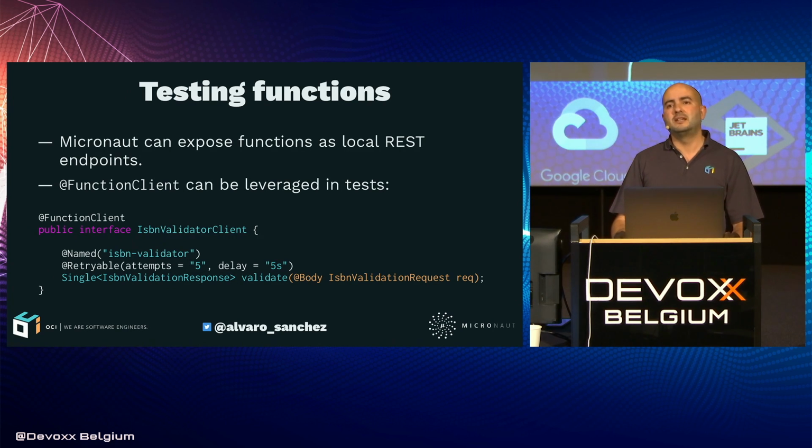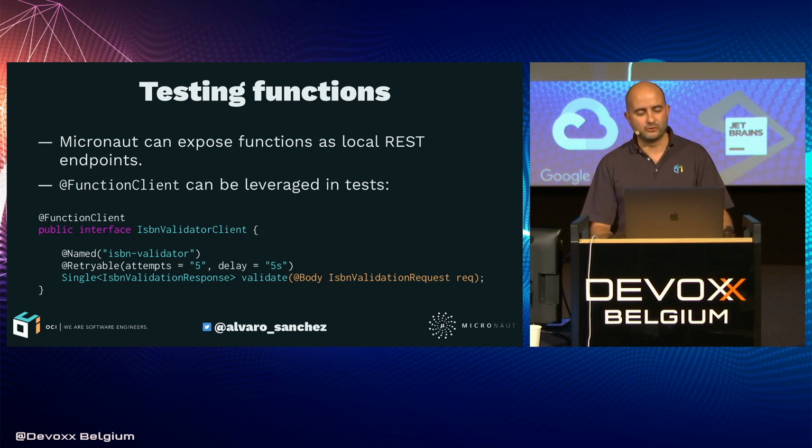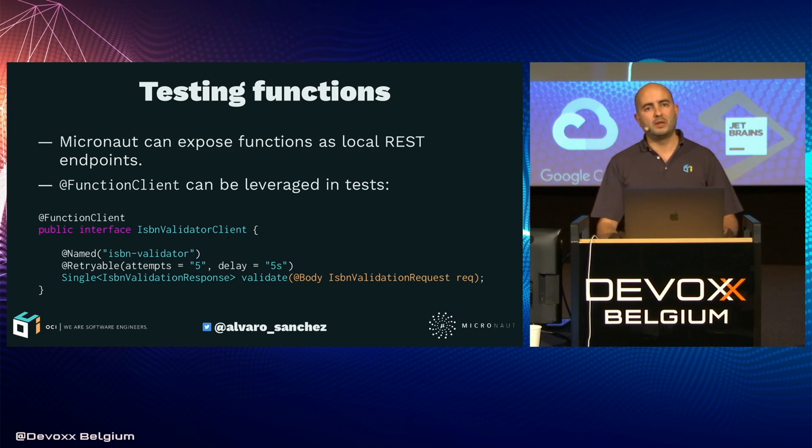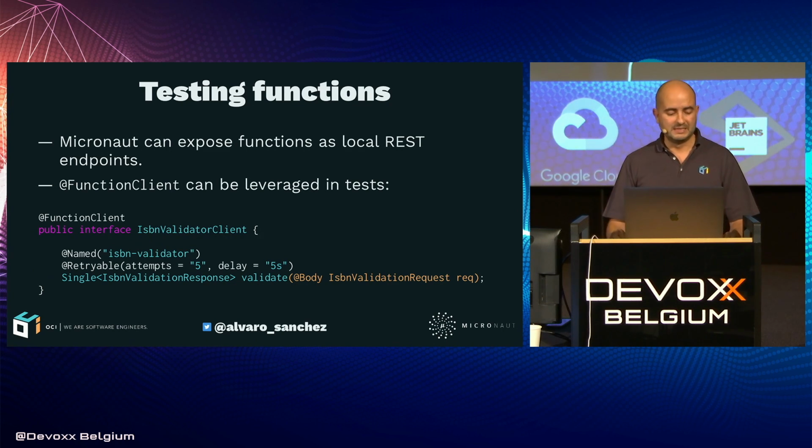If it's running on a test environment, it'll know that it needs to invoke the REST endpoint exposed by Micronaut. But if you were going to run this as a function itself, you could have a different function calling the other function, and this second function could have a function client to the first one. The function client will be aware that it's running in AWS and will look up the original function in AWS to make the invocation.